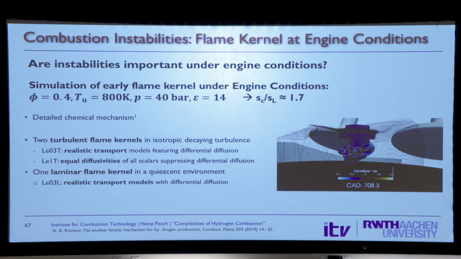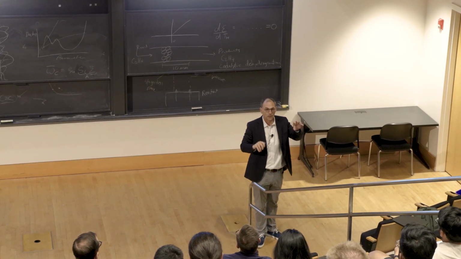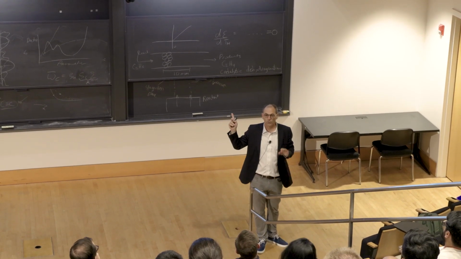And then we will look at the laminar case. Then the consumption speed divided by the laminar flame speed is 1.7. Earlier we said at reference condition it was 4. At high temperature, high pressure, it's only 1.7, okay?